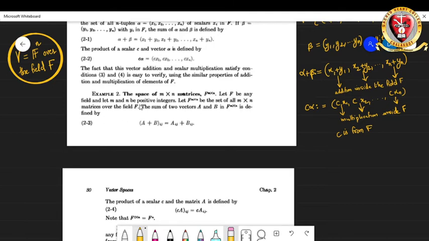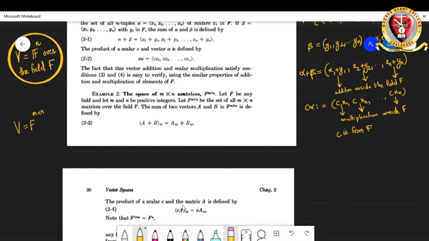Let F be any field and m and n be any positive integers, and we denote by F^(m×n) the set of all m cross n matrices over the field F. So basically V is the set of all m by n matrices where the entries are coming from F. The sum of two vectors A and B is defined by (A+B)ij equals Aij plus Bij, which means the ijth entries are added.